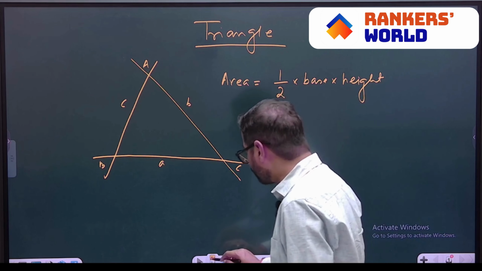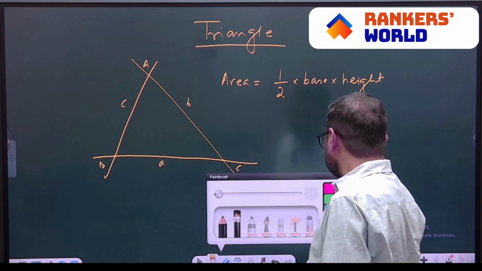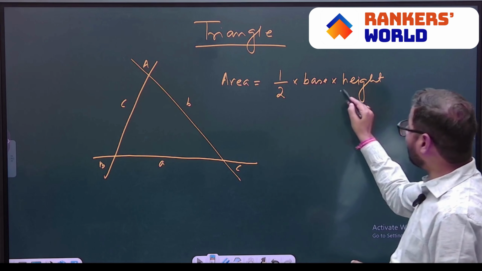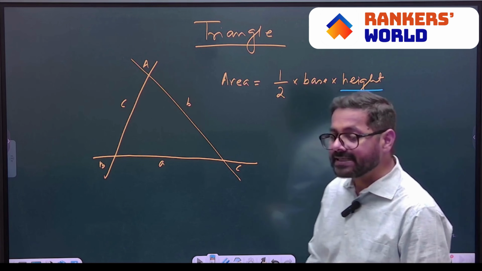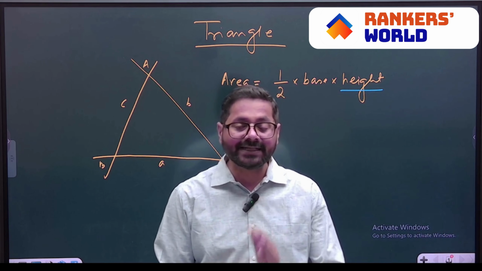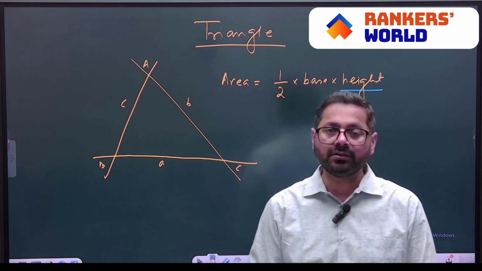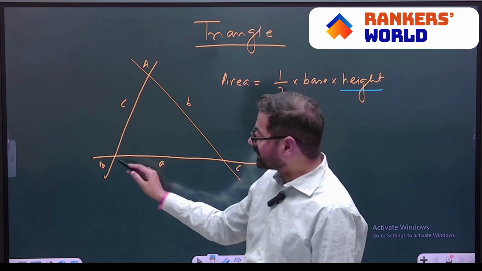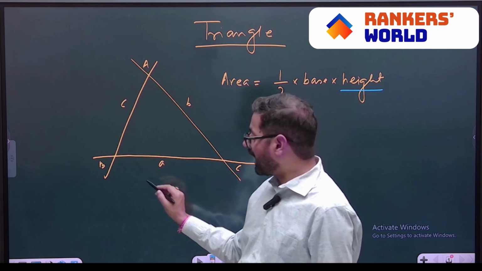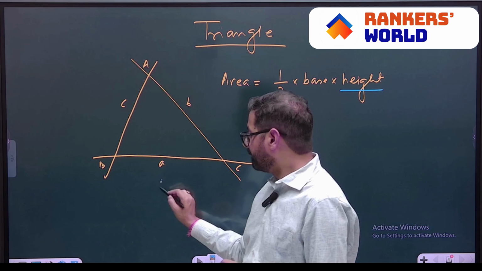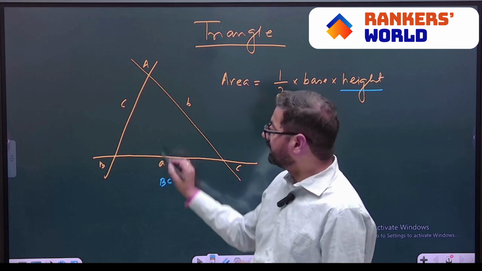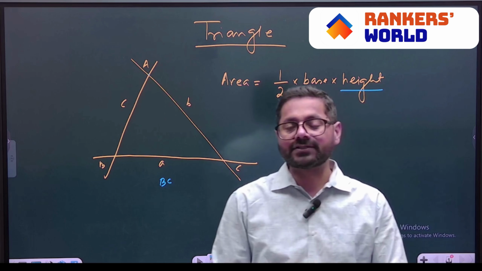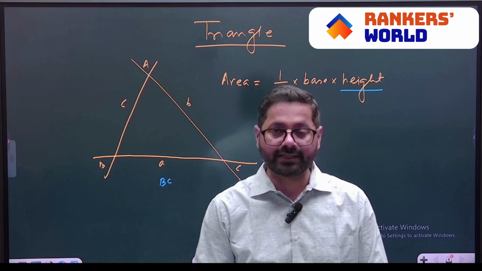So what is height? Height in a triangle is the altitude, which is drawn from the vertex. Whenever I select a side, for example BC, A is the other vertex, where B and C are not.